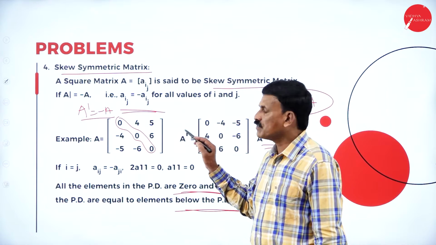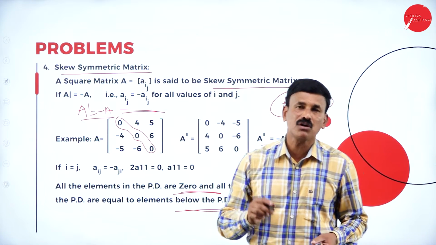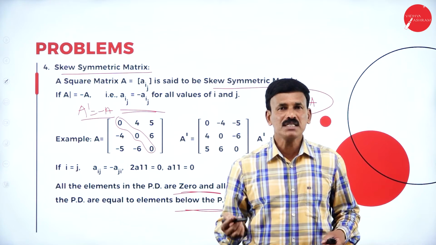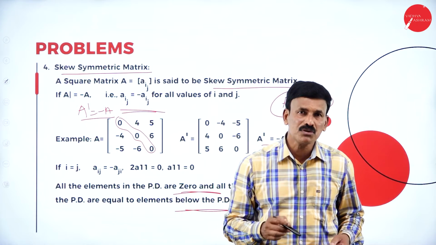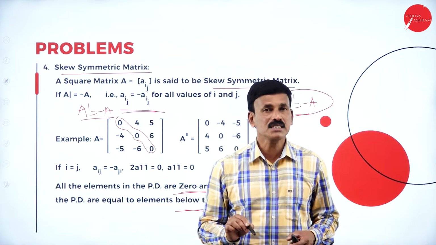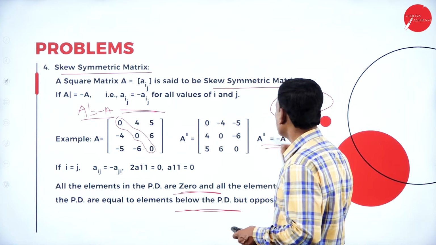So that is why A dash is equal to minus A. It is a square matrix in which all the principal diagonal elements are zeros, and the elements above the principal diagonal are equal to elements below it, but opposite in sign. Such a matrix is called a skew symmetric matrix, and A dash is equal to minus A.